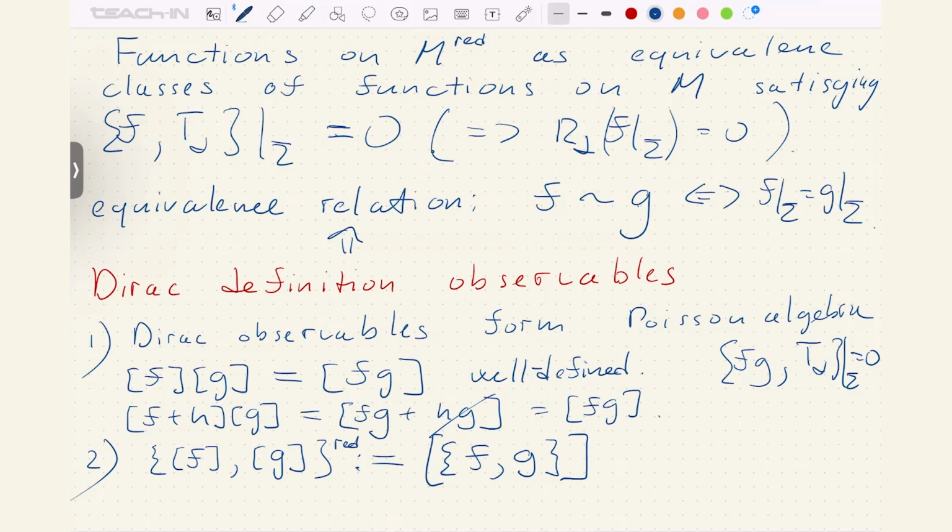So what is to be checked? It's also well defined. Again, as usual, we need to check, first of all, that we indeed get what we want, and second, that nothing depends on the choice of a representative. So first of all, if we evaluate {F, G}, it's again an observable. That's what we have to check, which means that if we take a Poisson bracket with T alpha and restrict to sigma, we should get 0. But now, this amounts to what?